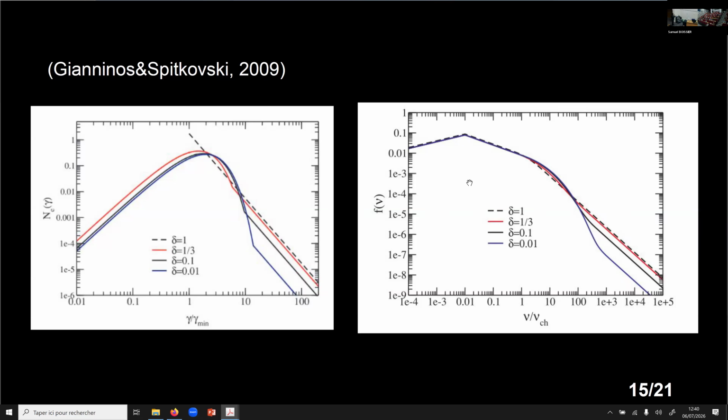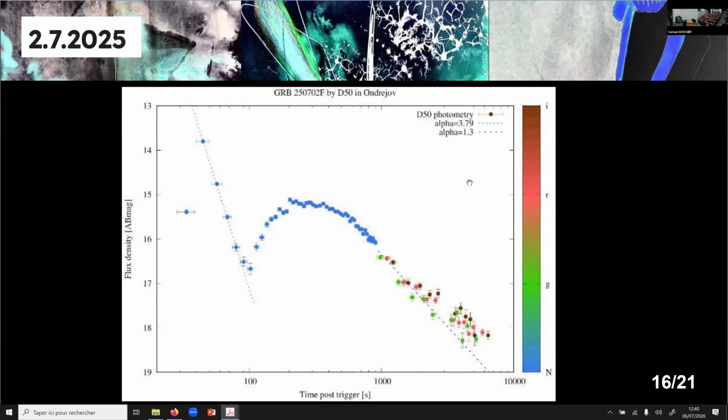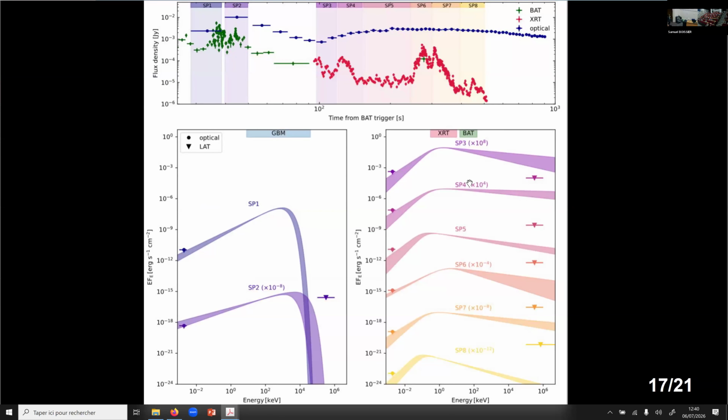Here, the delta means the fraction of thermal electrons in the GRB electron population, and we think that on the 2nd of July of 2025, we saw this population as this, we call it fluffy bump in this GRB afterglow, this being normal flare.